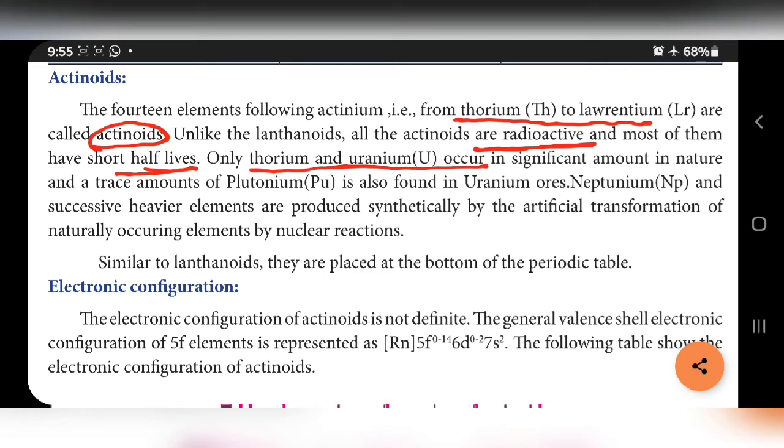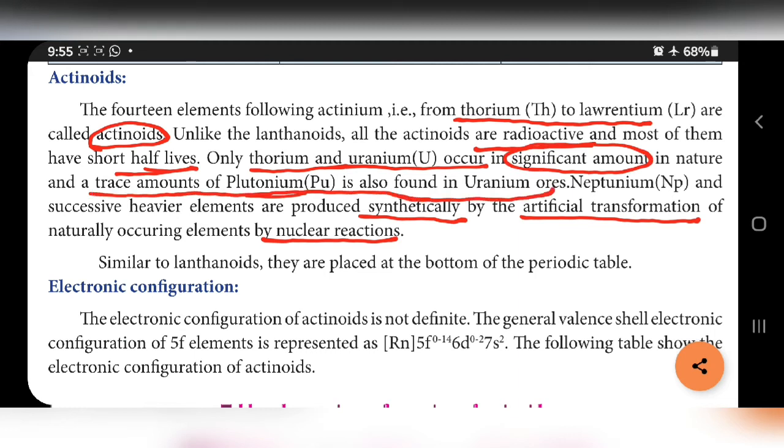The successive heavier elements are produced synthetically by artificial transformations of naturally occurring elements by nuclear reactions. In this series only uranium and thorium are present in significant amounts, and plutonium is present in a very trace amount in uranium.